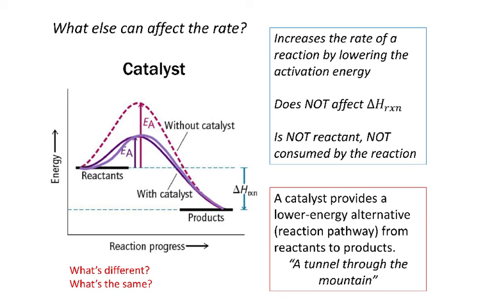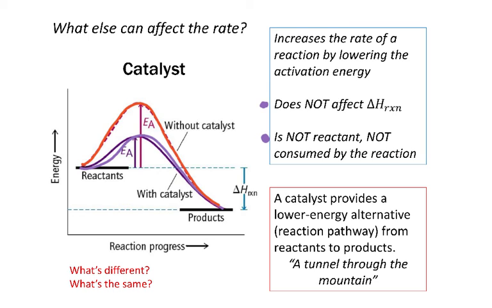So we see here without a catalyst in the pink and with the catalyst in the purple, and it lowers the activation energy, which means it increases the rate because a lower activation energy increases the rate. It does not affect delta H of the reaction. And importantly, catalysts are not actually part of the reaction because they're not consumed by the reaction.